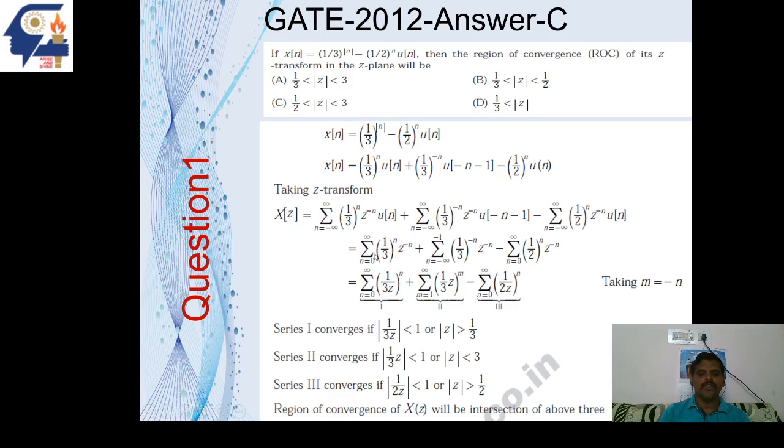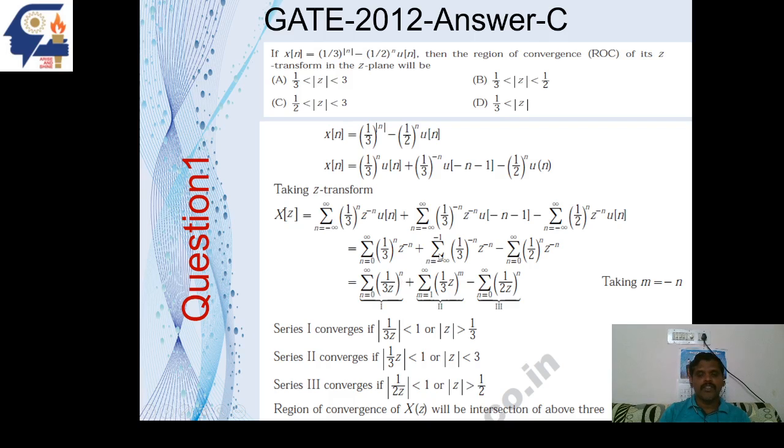For the negative one, first we have to convert this entire one in terms of negative, then replace minus minus, then you will get it. Now I am going to replace this entire one in terms of something power positive n. So the next step, summation is positive, that's something power plus n.